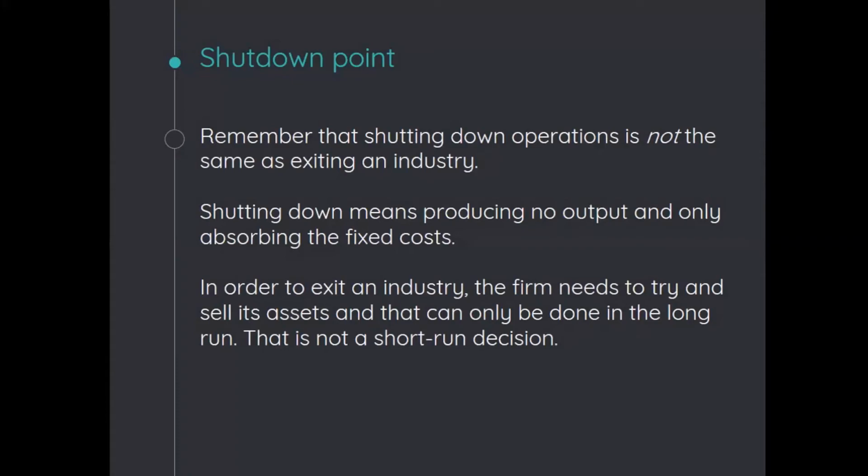So remember that shutting down a firm is not exiting the market. You have not gone broke. You are at risk, and you may decide to shut down operations. But shutting down operations may be a rational business decision.